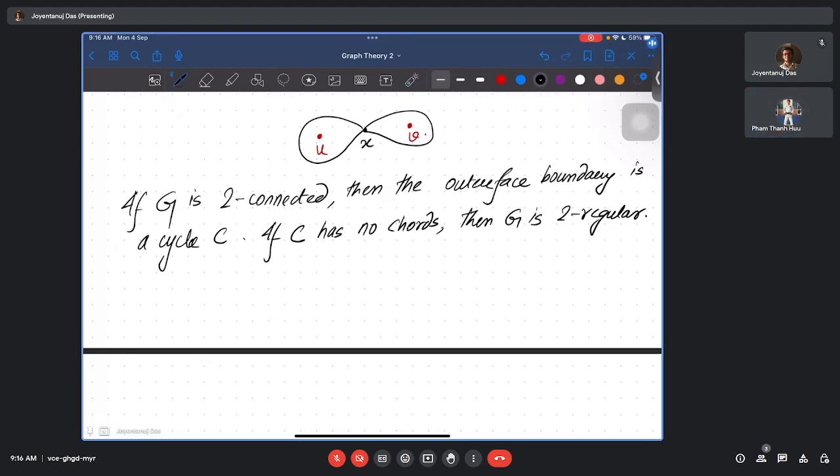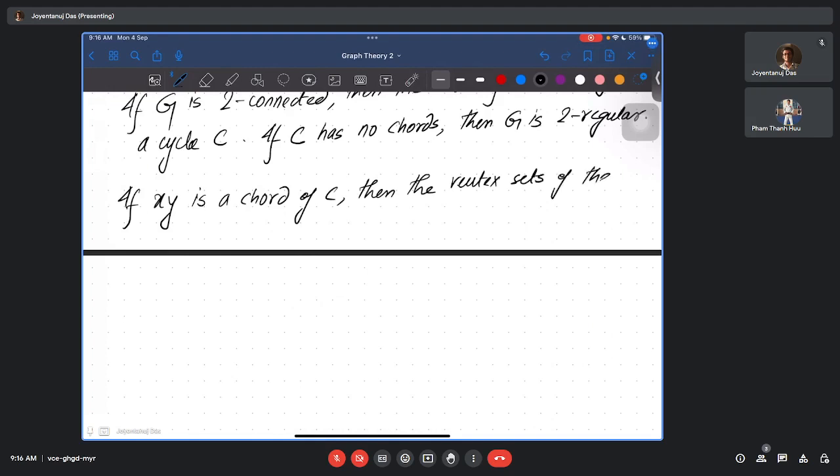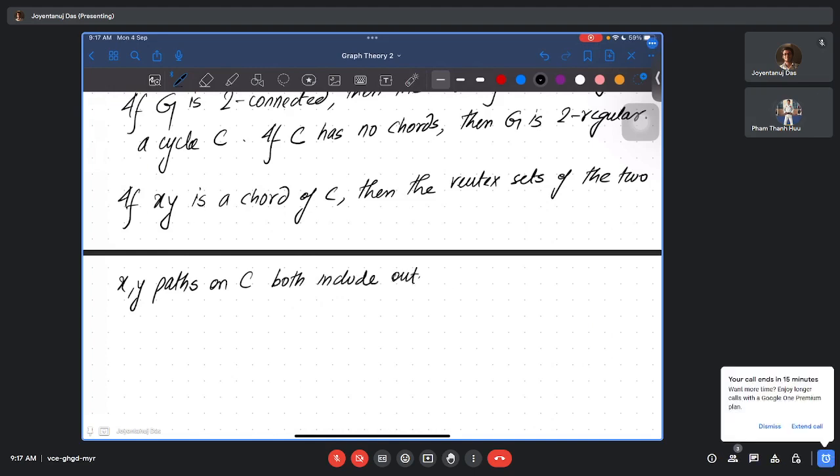And suppose there is a chord. So the next part is, if xy is a chord of C, then the vertex sets of the two xy paths on C both include outer planar subgraphs, right?